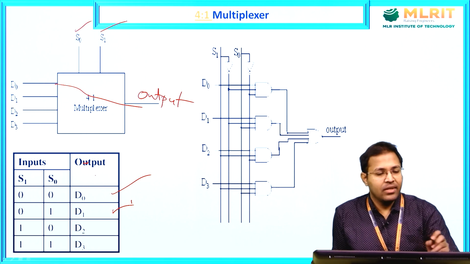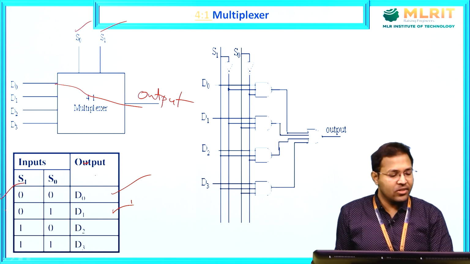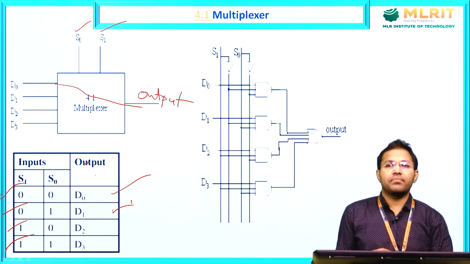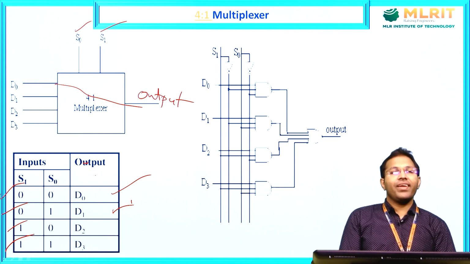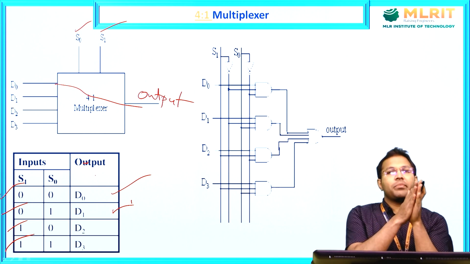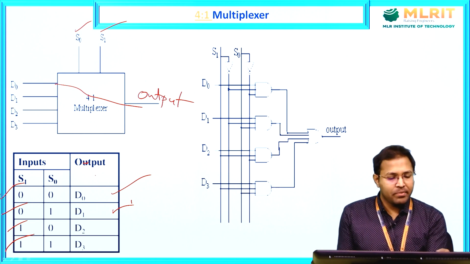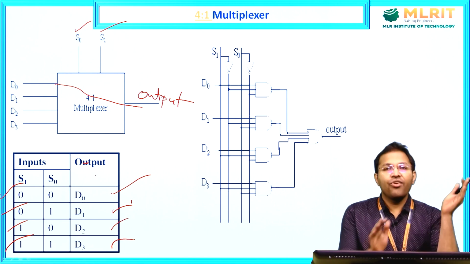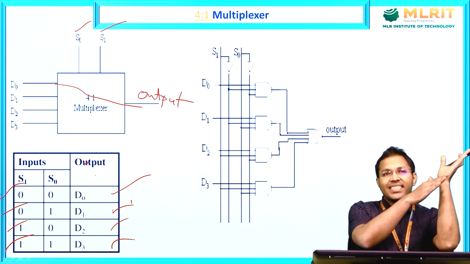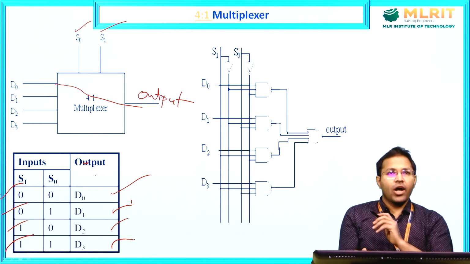The 2-bit possibilities are 0 0, 0 1, 1 0, 1 1. Based on the 4 possible values, we can have 4 possible connections of the input to the output.